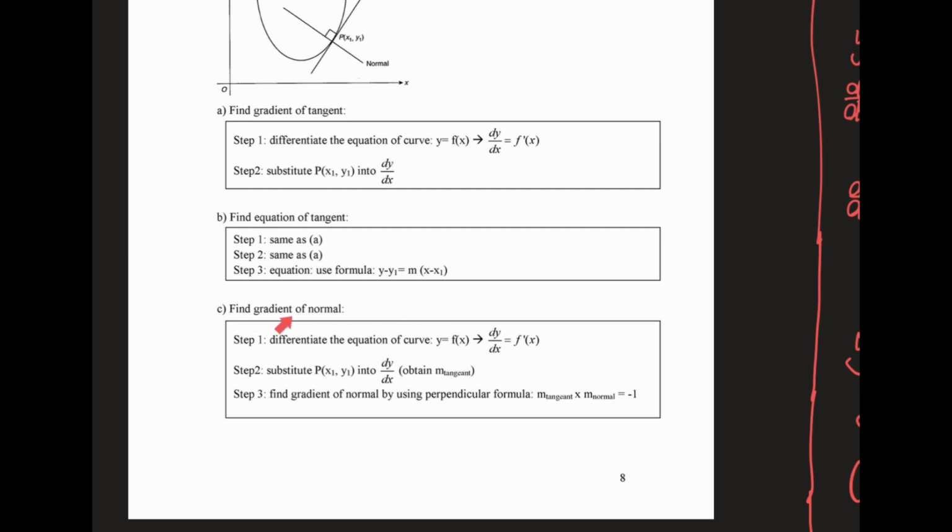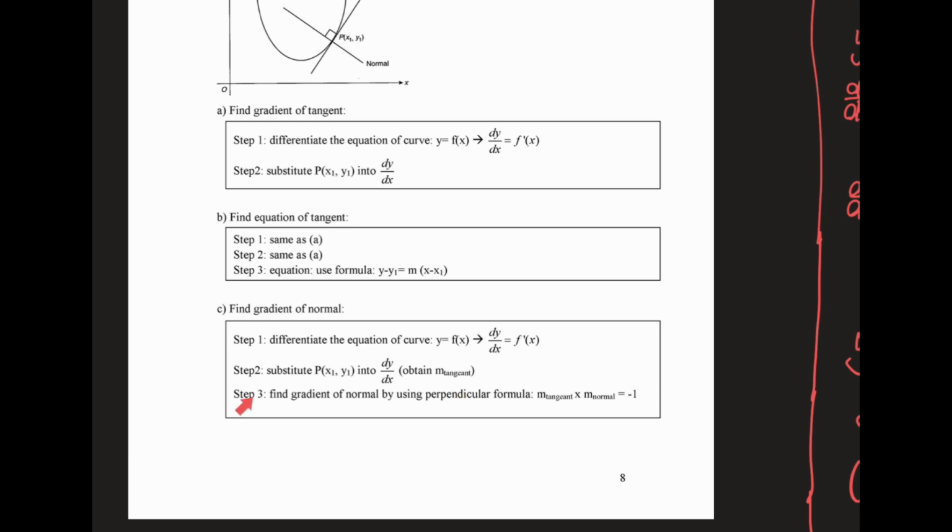If you want to find gradient of normal, first step, you have to differentiate the equation of the curve. You have y equal to f(x), you differentiate it, you get dy/dx equal to f prime of x. Step 2, you substitute point P, which has coordinate x1, y1 into dy/dx, and you will get the gradient of tangent.